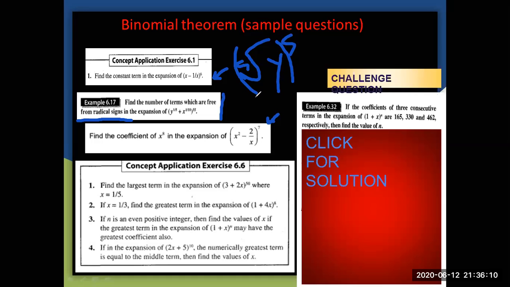Did anybody get an answer? Because you're not supposed to find the actual terms, it's just the number of terms. I want to say 5.